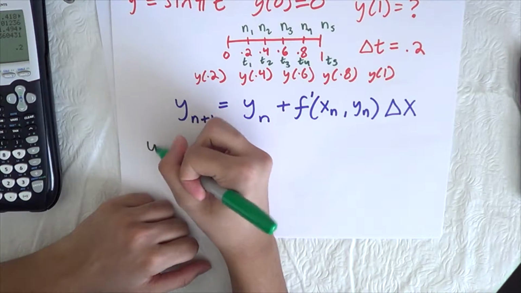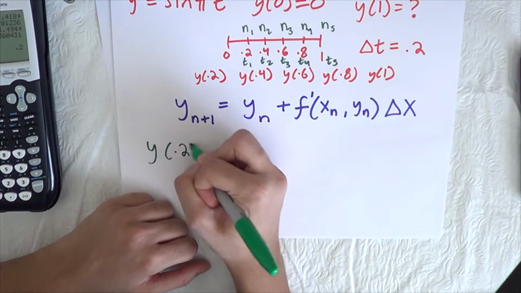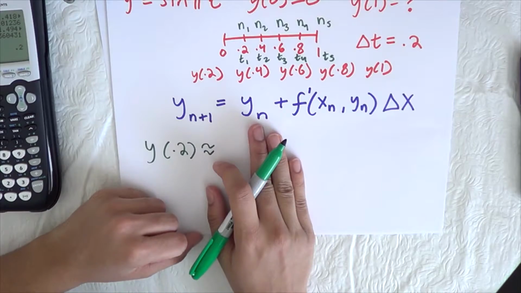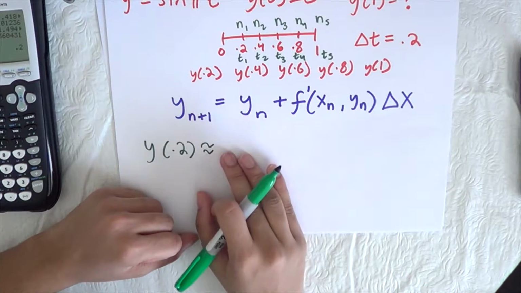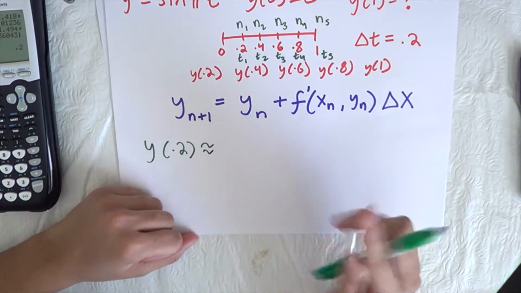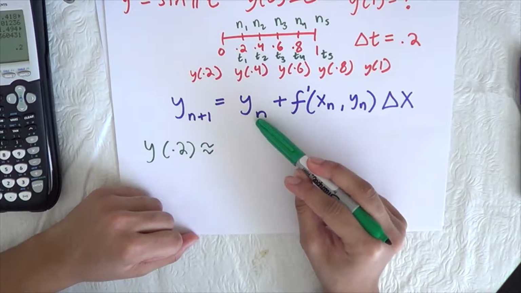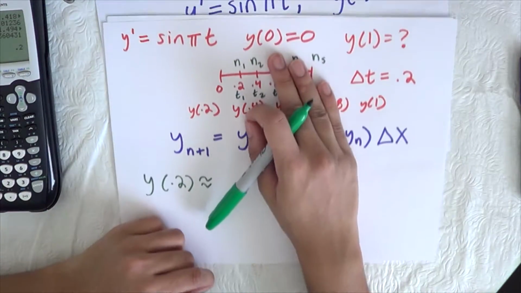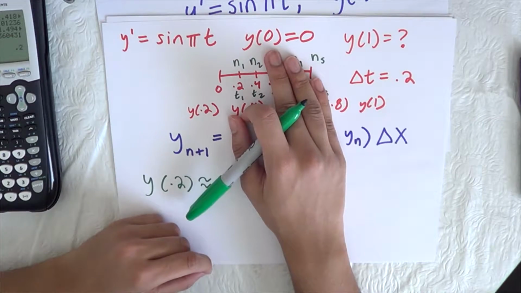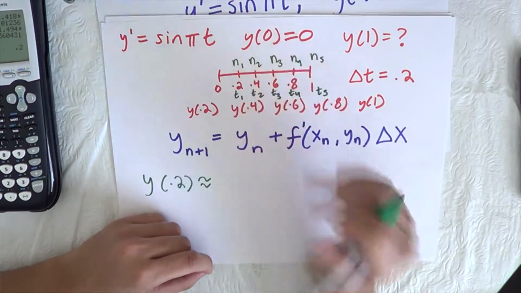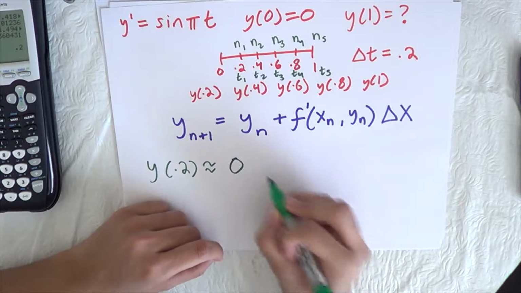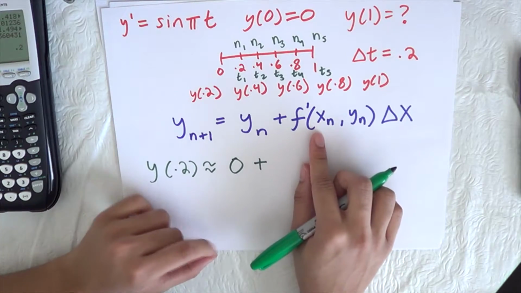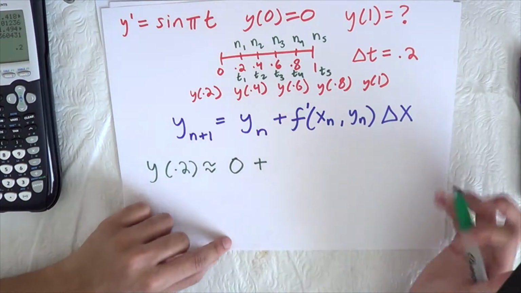Let me write this out. y of 0.2 approximates to, according to our Euler's method equation, what we plug in first is the y value of the initial point, which is 0, 0, because that is our initial point. So the y value of this is 0, so we just plug in 0 here, plus the slope of that point, which we'll do on the side.